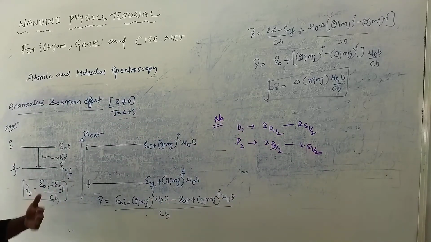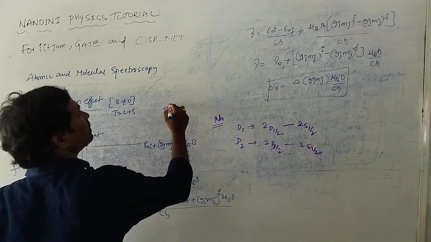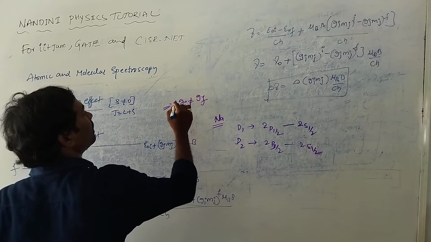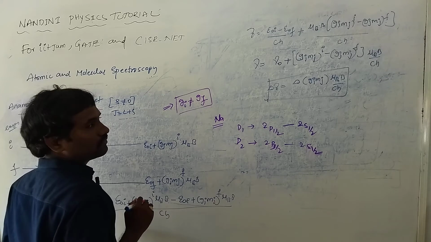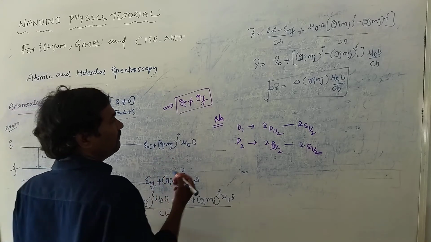Now I will explain this transition. Here also the major condition is that the Lande g factor Gi is not equal to Gf. Remember, the initial Lande factor and final Lande factor are not equal.